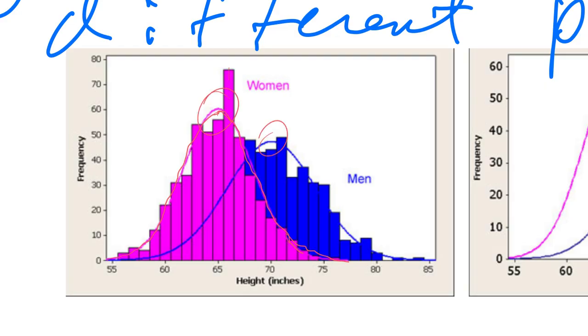Men, the average is higher than women. And the maximum height of a man in this population is bigger than the maximum height of a woman.